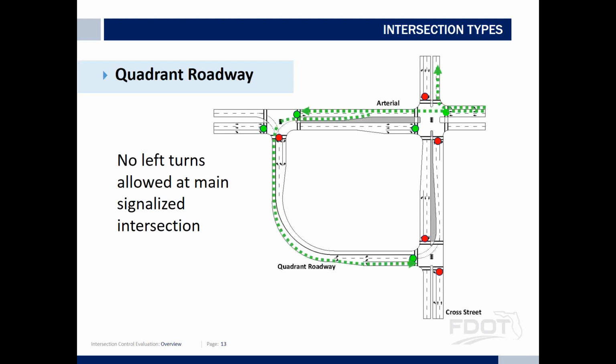Sorry, this will be the westbound. You can make the left by utilizing the Quadrant Roadway. And the cross street from the northbound can also utilize the left turn by utilizing the Quadrant Roadway. So it's a different flavor. This one would require a little bit more right of way, or you can design these when you have closely spaced intersections in a grid design, which we see a lot of in urban or core urban areas.